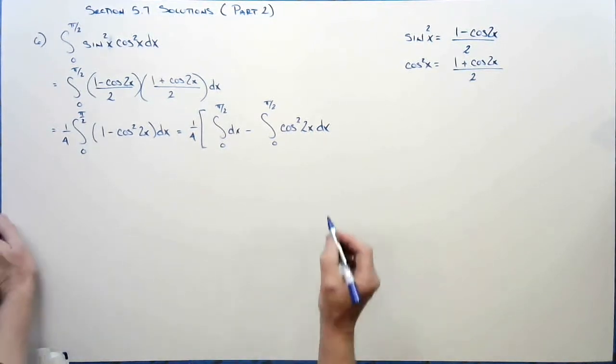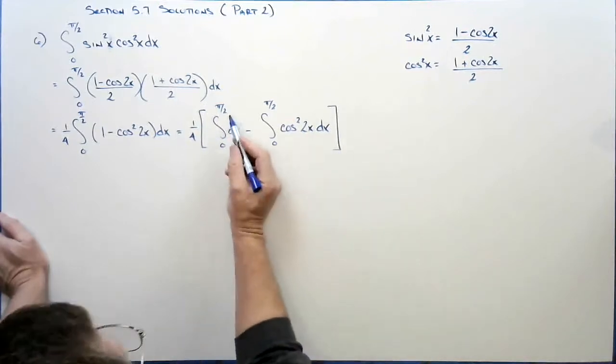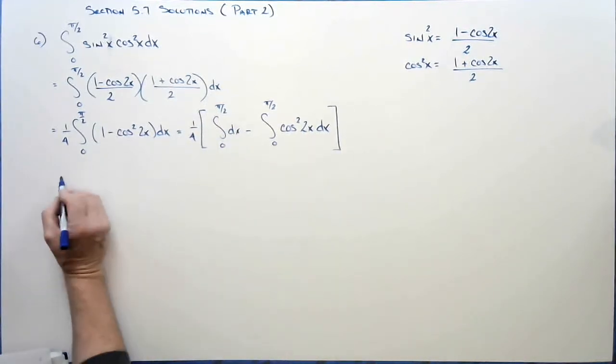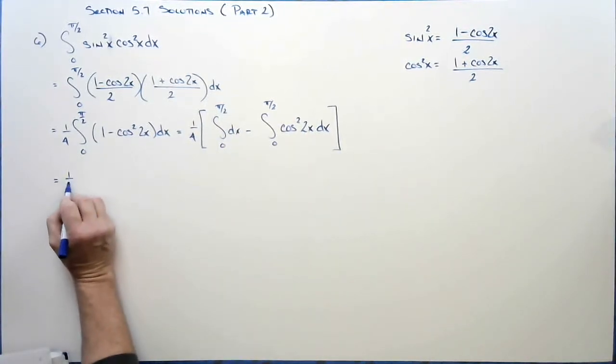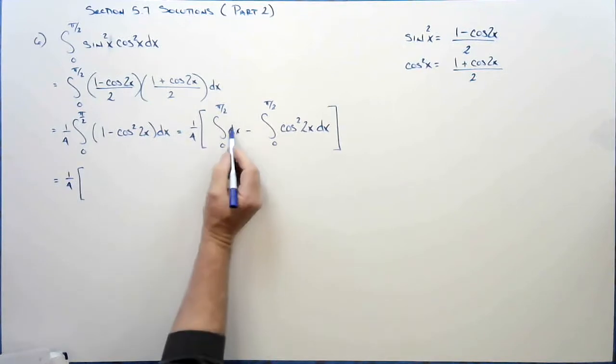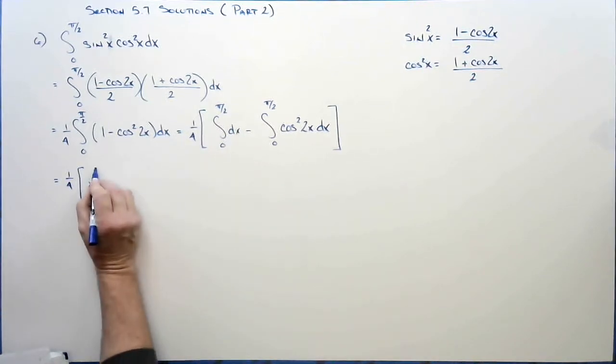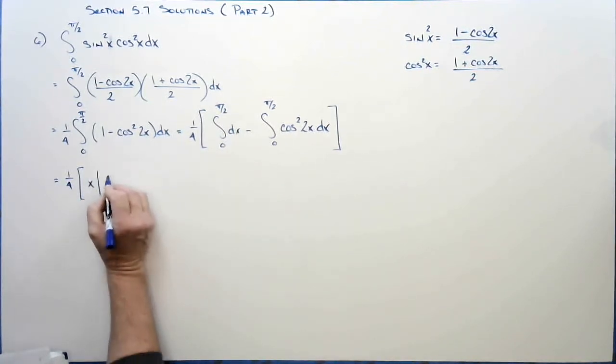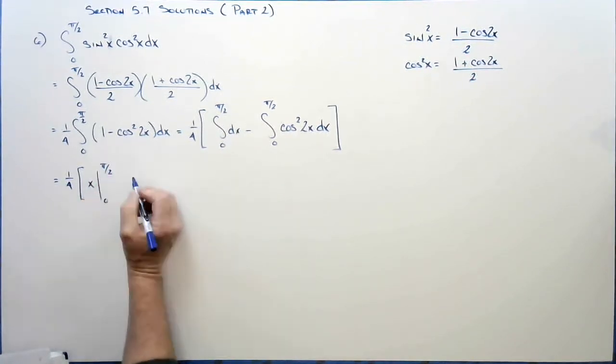So the first integral is just going to give us x, right? So we have 1/4. The integral of dx is going to be x. We're going to evaluate that between 0 and pi over 2.